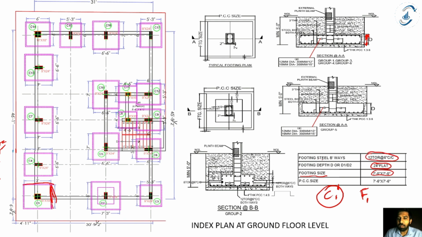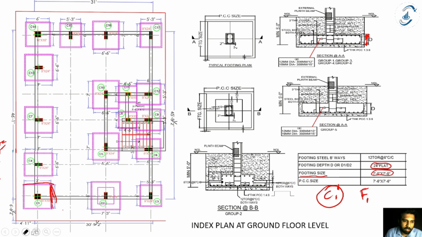Now how do we learn the steel details? Footing steel along both ways. What is it? 12 diameter at 6 inch center to center. So it is 12 mm. It is not inch, sorry. What do I mean by tor?